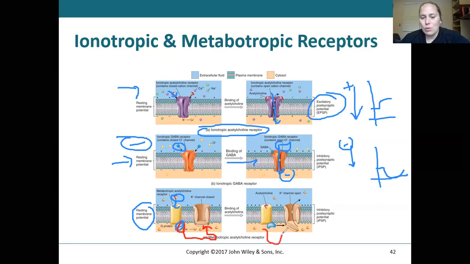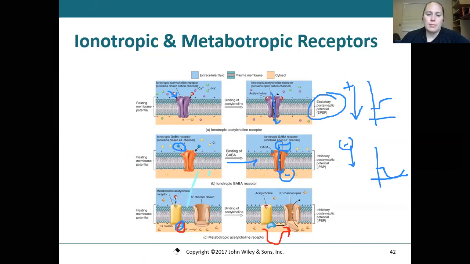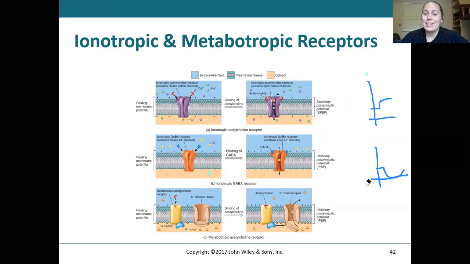Again, this whole process is very simplified, but it can cause voltage changes in the cell based on its interaction with other ion channels. Okay, clear as mud? Awesome. You better come to class on Thursday, man. We're going to talk about this a ton.